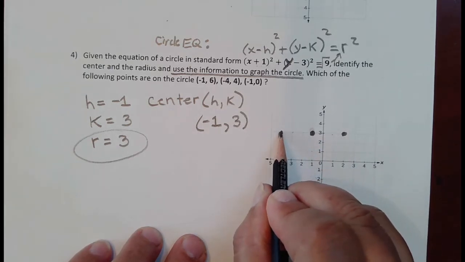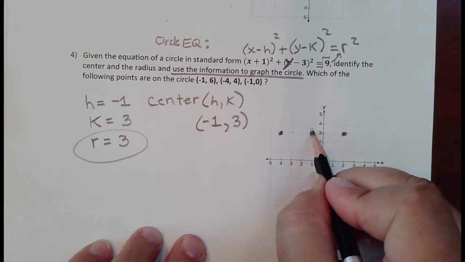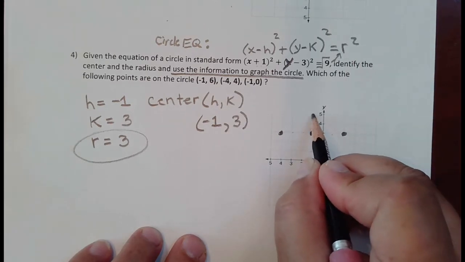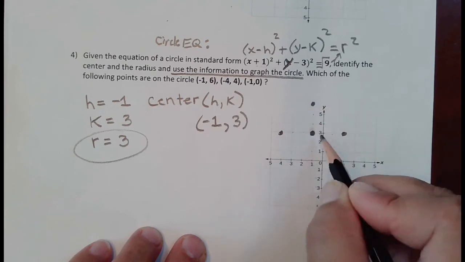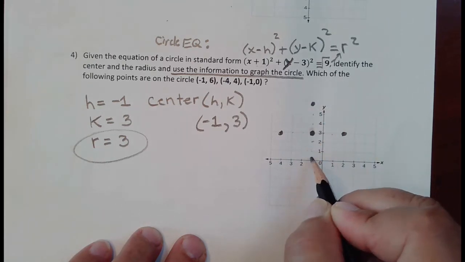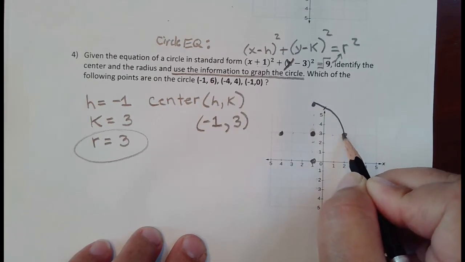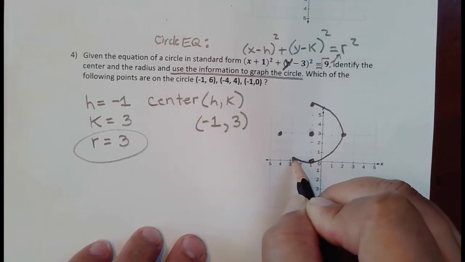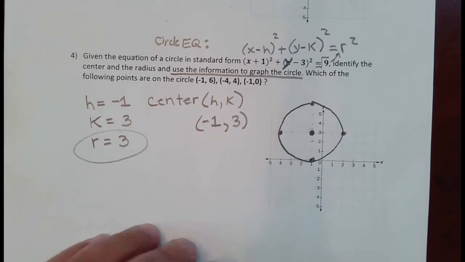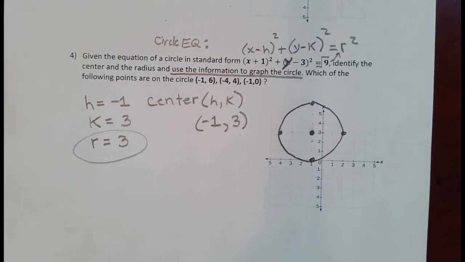Okay, then it asks, which of the following points are actually on the rim of the circle? So in this circle, let's see, if we went to negative 1, 6, we went to negative 1, and then we went to 6. 1, 2, 3, 4, 5, 6. Yep, that one is on the actual circle.